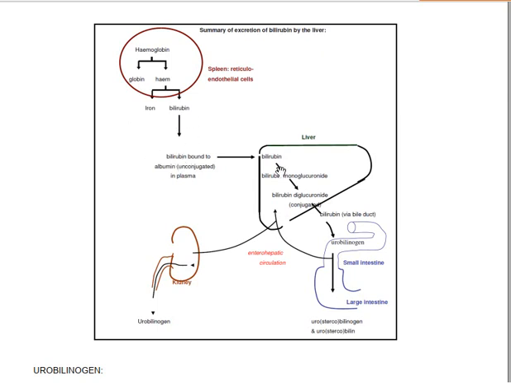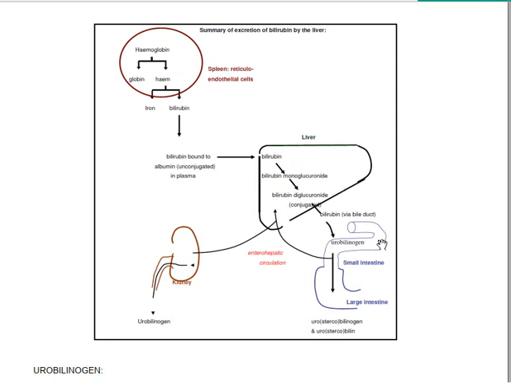Now the bilirubin binds to the liver cell via receptor-mediated transport. Then it is converted via the UDP glucuronyl transferase enzyme to monoglucuronide bilirubin and diglucuronide bilirubin, which is conjugated bilirubin, and can then be lost via the bile to the gastrointestinal tract.